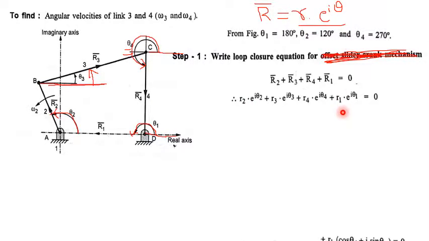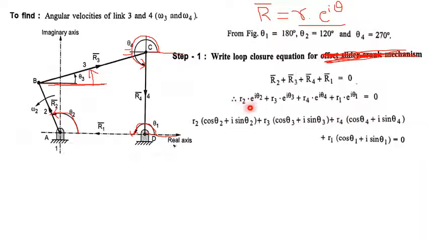Now, wherever e to the power of i theta is there, by using Euler's formula we write cos theta plus i sin theta. Here we have e to the power of i theta 2, i theta 3, i theta 4 and i theta 1.